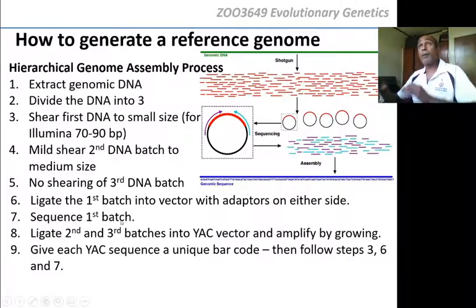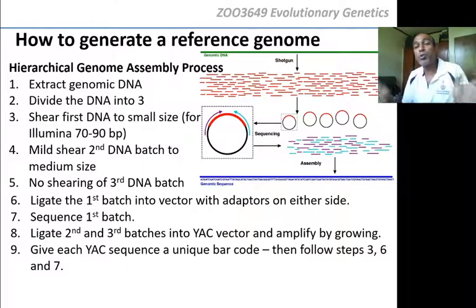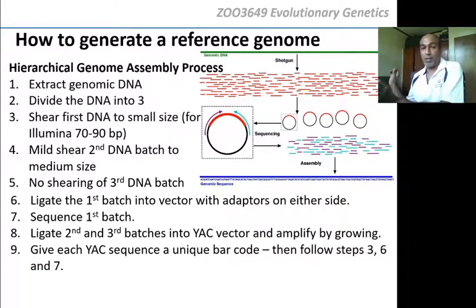Okay? So we have a big piece, but we still need to break it up into small pieces to sequence it. We have this one big piece, we give it one barcode, and then we break it up. Why? Because then we will be able to see this is that piece with this barcode. This other barcode is another big piece of DNA. This other barcode is another big piece of DNA.